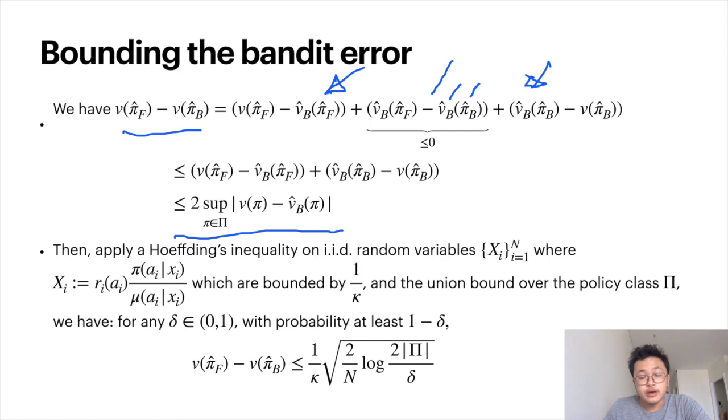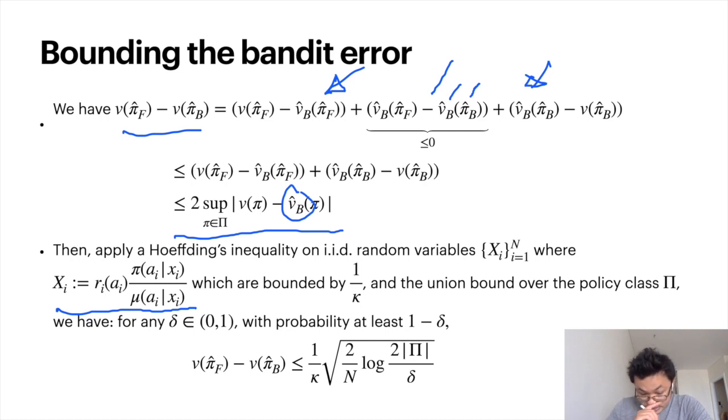And then we continue on applying Hoeffding's inequality on the IID random variable Si. But now Si has the importance weight pi over mu right here, because we are using the value estimate v hat b in this bandit error.